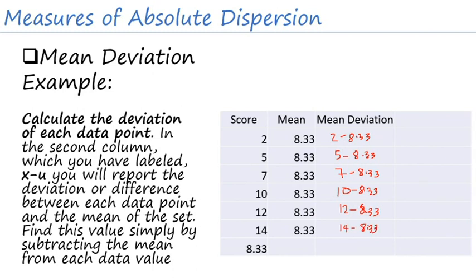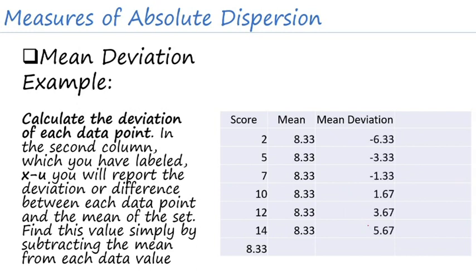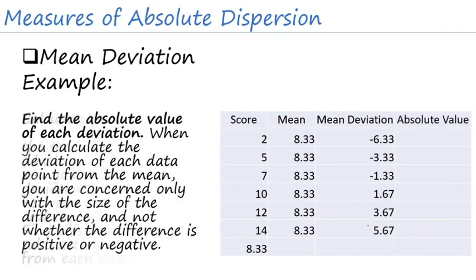So, yun lang po yung ating mean deviation. Okay, and it will give us a result of negative 6.33, negative 3.33, negative 1.33, 1.67, 3.67, and 5.67.